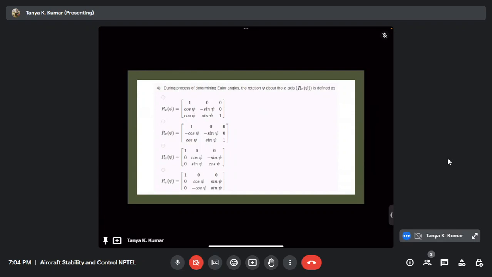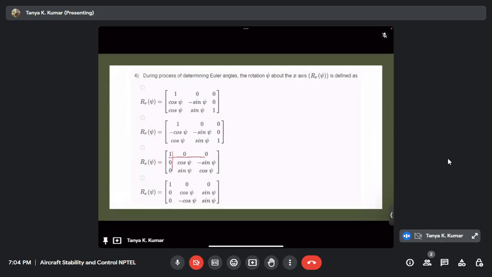So which one is it? If it's rotation about the x-axis, the first element will be 1, right? So the first row and first column will be 1 0 0, 1 0 0. Correct? So this is something that you can remember.